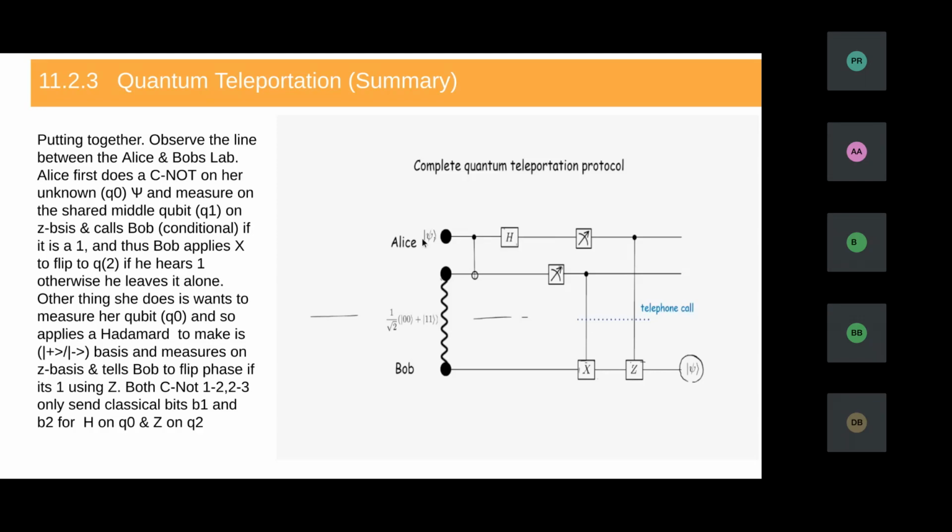This is Alice's lab, this is Bob's lab. So they have some common connectivity, whether you call it a quantum channel or a classical channel. The information has to be exchanged between the two.